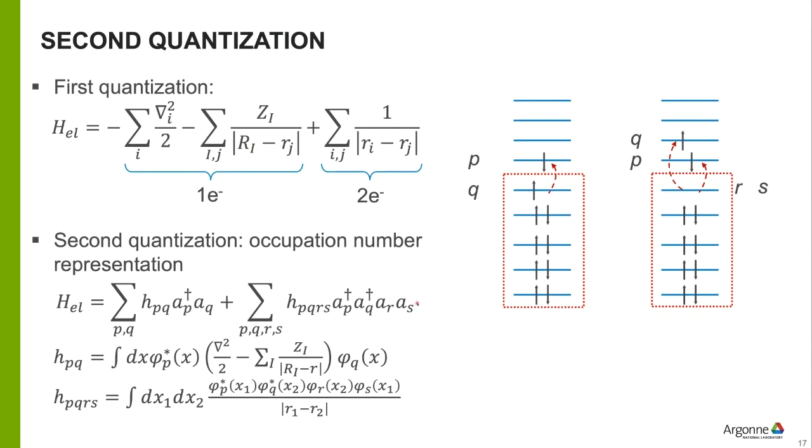Similarly, for the two electron processes, you create two electrons on orbitals p and q, and you remove electrons from orbitals r and s. And these h_pq and h_pqrs are called one and two electron integrals that are written over here. These are easily computed on a classical computer before you start the simulations using VQE.